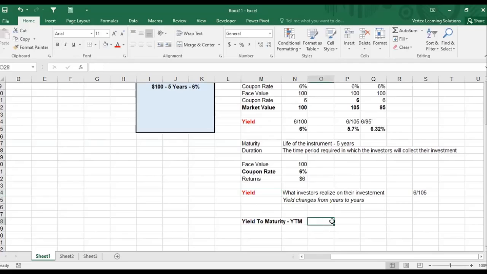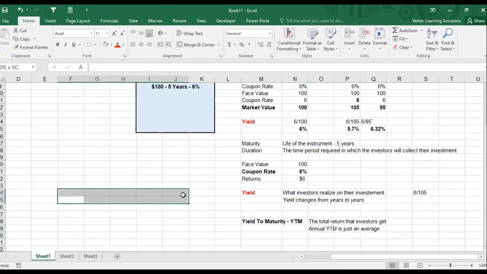Yield to maturity is the total return that investors get. Annual yield to maturity is just an average. What does that mean? Listen, you said that we issued a bond for $100 at a $6 coupon.